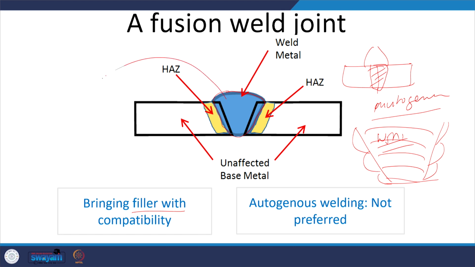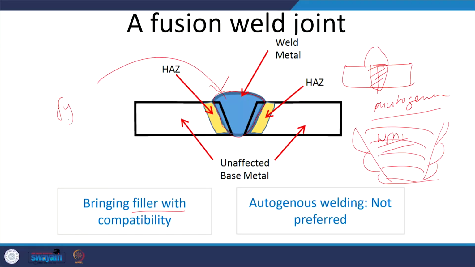Now, this filler is a very good feature when a consumable electrode is used, since the filler can be chosen as per our convenience. It can be of very low or very high yield strength as per requirement, of low or very high toughness, and of low or high corrosion resistance.